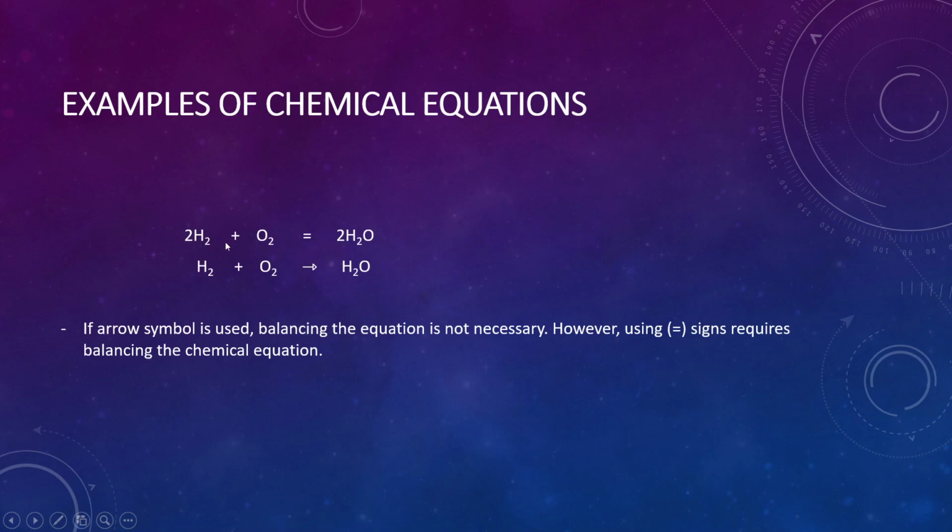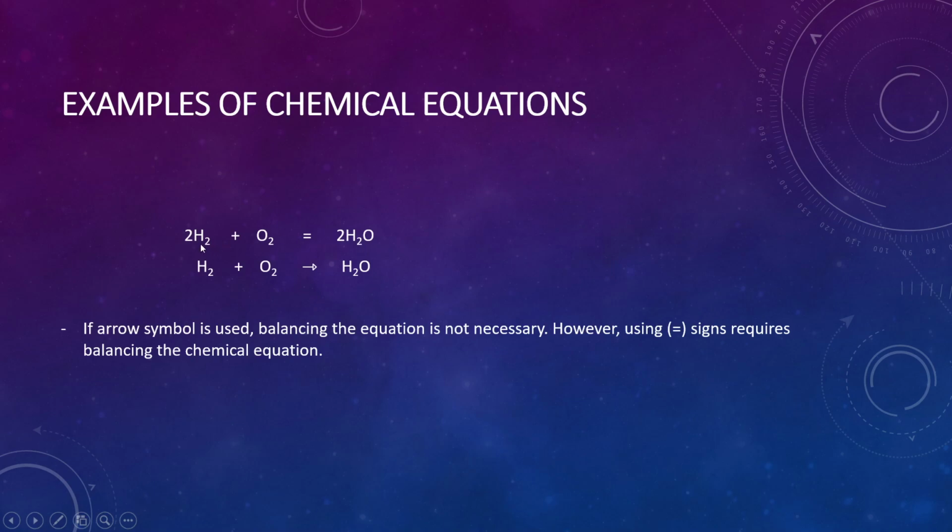To balance the oxygen, we put the number 2 as a coefficient here, and then the number of hydrogen becomes 4. 2 into 2 equals 4.